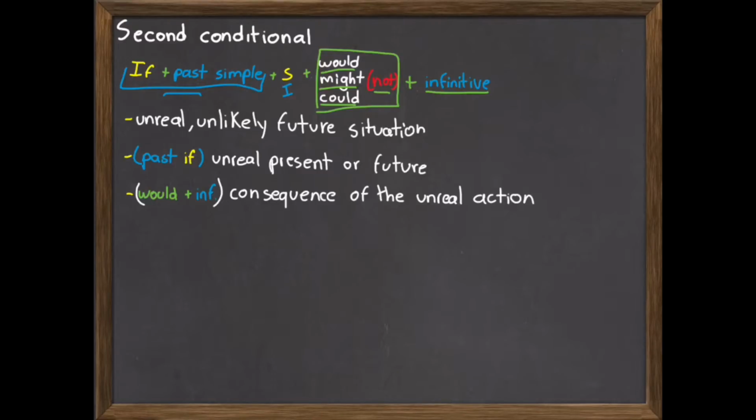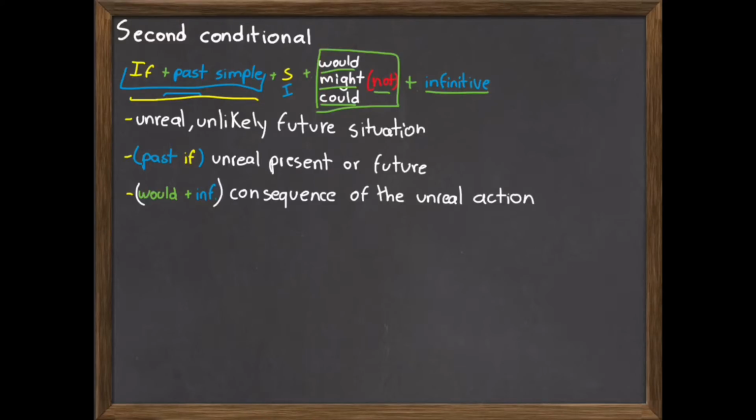And, well, when you were talking about the second conditional in the main clause, if you use would and then the infinitive, that is specifying that what is happening, what you're saying, is the consequence of the unreal action.